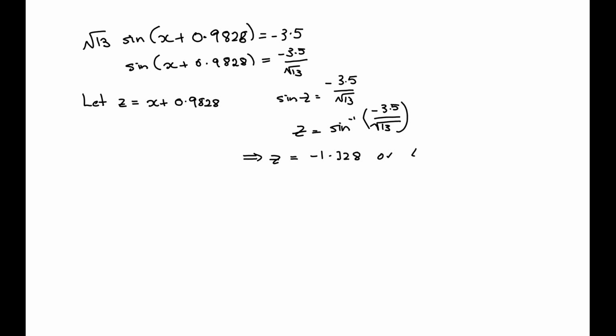Z equals negative 1.328, or 4.4698. Now, z equals negative 1.328 is going to be out of range. So, just to repeat that, z is negative 1.328. If we want it in the right quadrants to match the diagram, then z has to be 2 pi minus that, or 2 pi plus that.